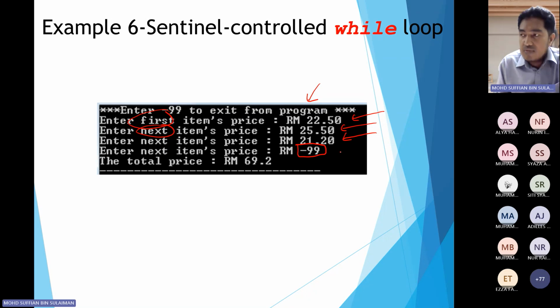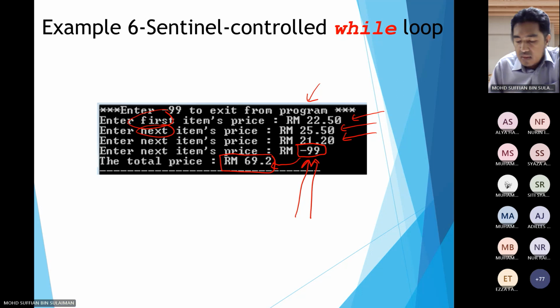The loop will be stopped, and then this is the accumulation of your output: the sum of 22.50, 25.50 and 21.20, and you get 69.20. So this is what we call a sentinel loop. You can set any number actually. In this case, we use -99. You can set -1, or whatever value, -1000, it is up to you.